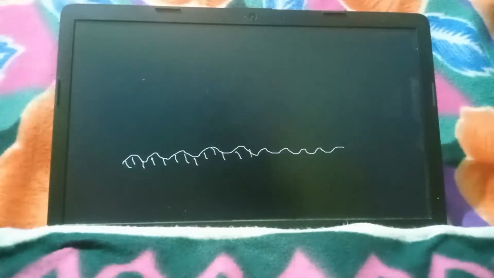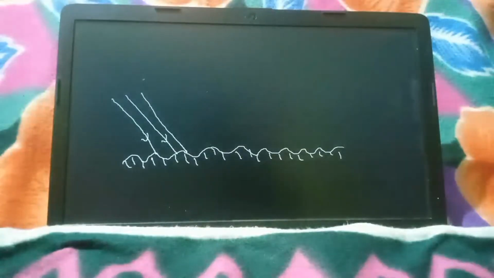It is a rough surface, so there are ups and downs. This is an incident ray, this is also an incident ray, and this one too.